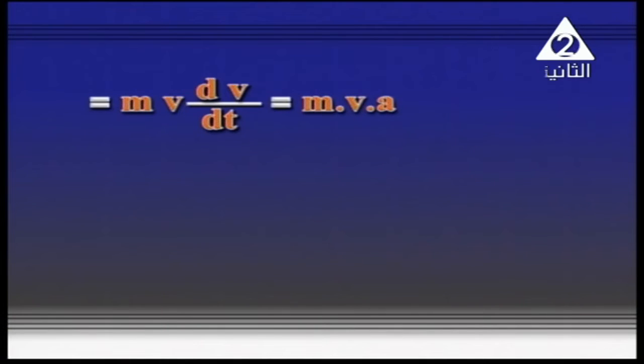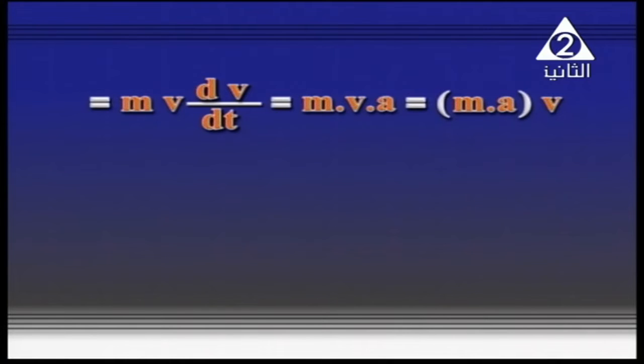Why? dv over dt equals acceleration a, when the derivative of velocity with respect to time is acceleration a. So it equals m dot v dot a, or the product of m times v times acceleration, equals mav.